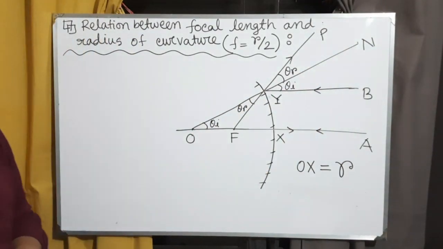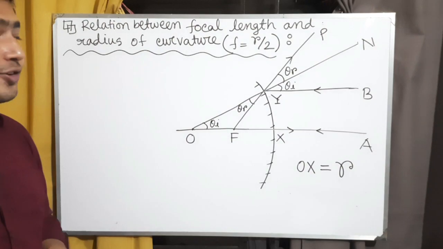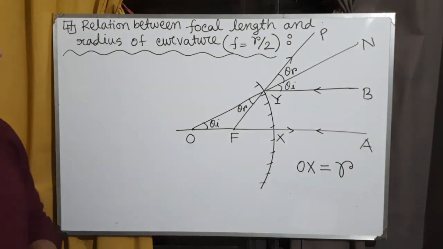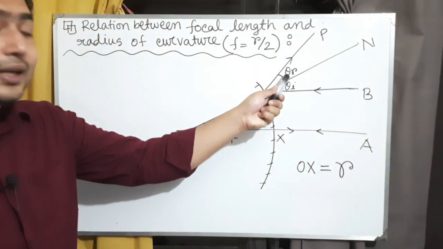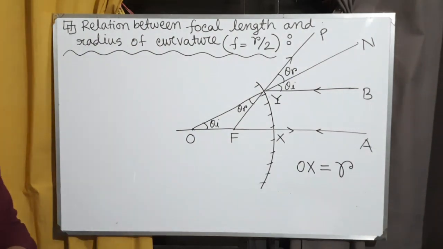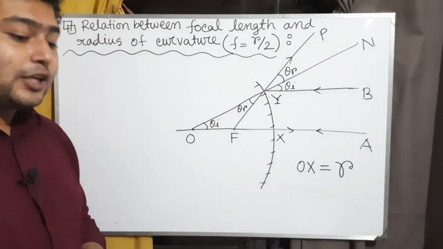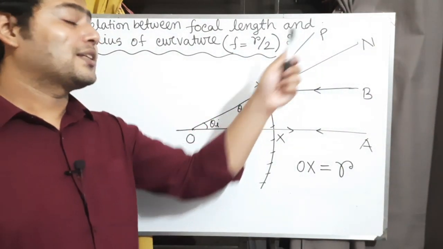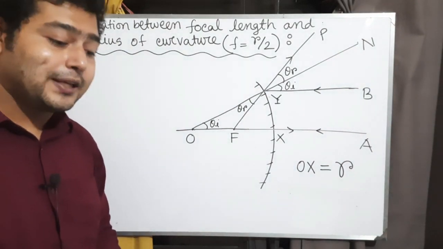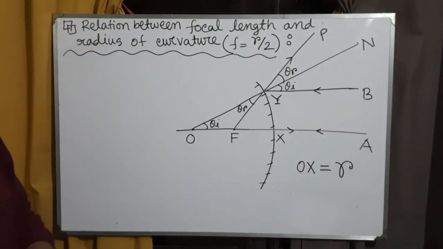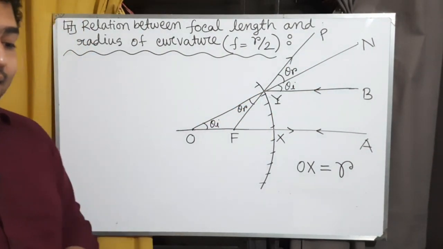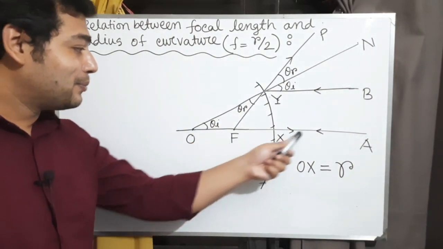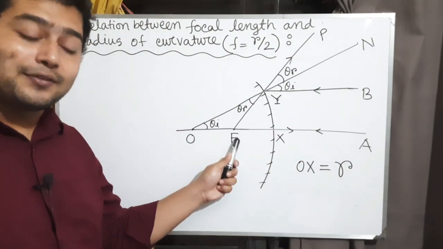Now the angle of reflection of the ray BY is theta R, and it will be reflected towards YP. If we extend PY, it would intersect the principal axis at point F.